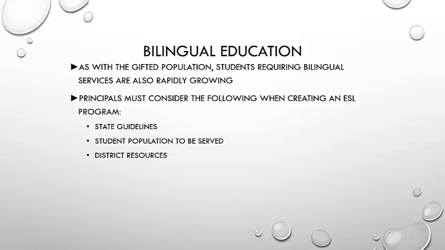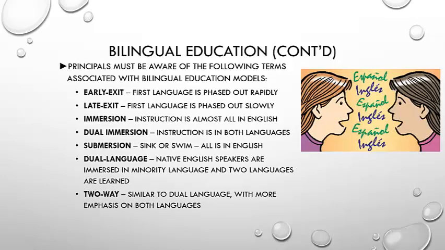But just to touch base a little bit and give you some ideas, I want to talk to you about some models for bilingual education, and then some specific English as second language programs. Okay. So just to acquaint you with these terms, the first one is an early exit model.